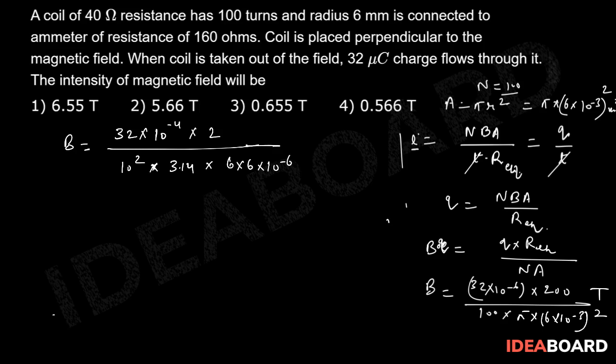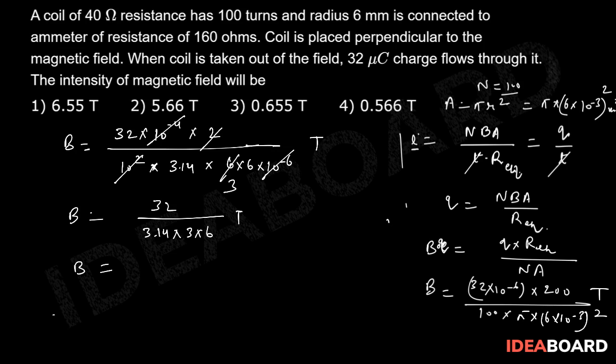Perfect. So the powers of 10 cancel out. I can rewrite this as 32 divided by 3.14 into 3 into 6 Tesla. So solve it first of all.